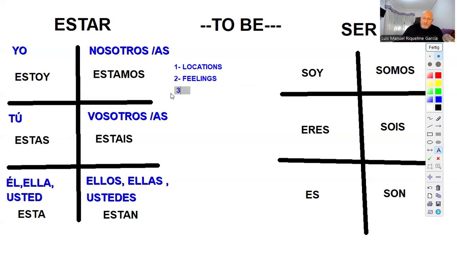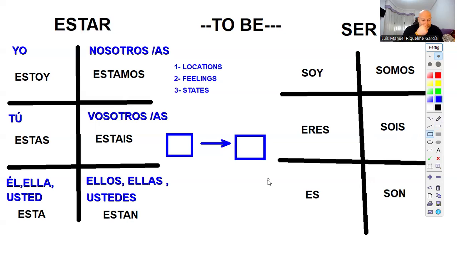More uses. Then we have states. This is one of the most difficult uses to understand. States is when you have an object or a person, and that object or that person, because something happens, is left in a different state.